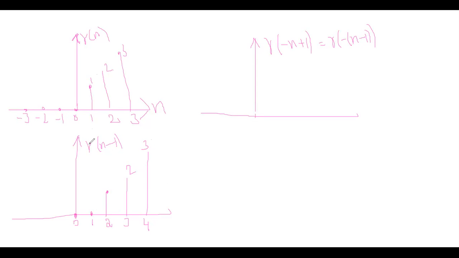Now the folded version of r of n minus 1. The folded version of r of n minus 1 means we can fold this function at 1. R of minus 1 means minus n plus 1.